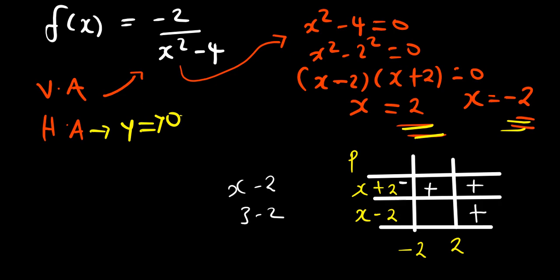But if we get any number that is less than 2, because we're saying x minus 2, if we get a number that is between negative 2 and 2, let's say 1 minus 2 gives us a negative number as well, right?